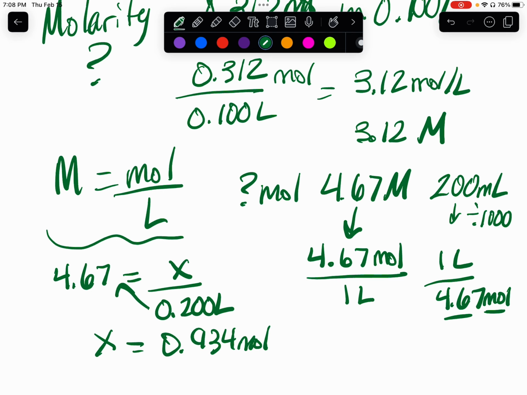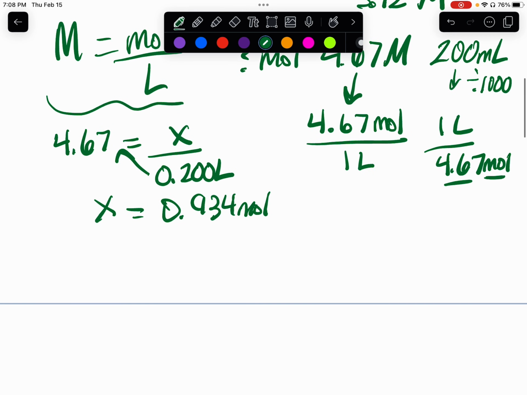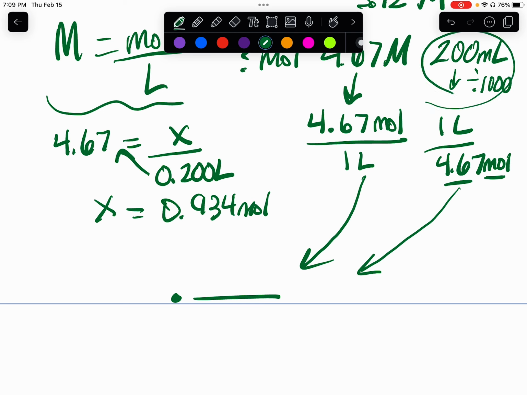So what if we redid this problem doing a conversion? You guys know I always say write down what you know, dot line. So the dot line, the line is going to be one of those two pieces. So don't start with your molarity. Start with the other thing you were given. In this case, we were given volume. So if you have 0.200 liters, you're going to choose one of these to be your conversion.